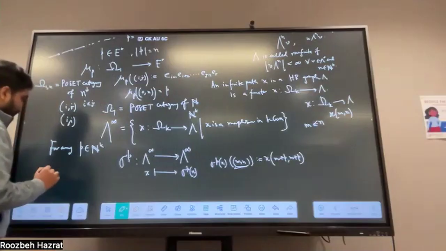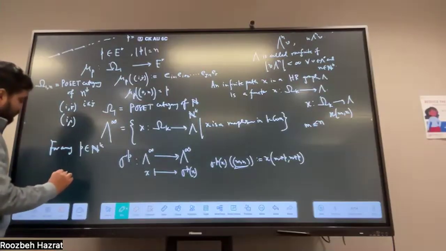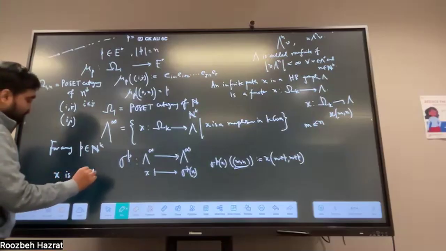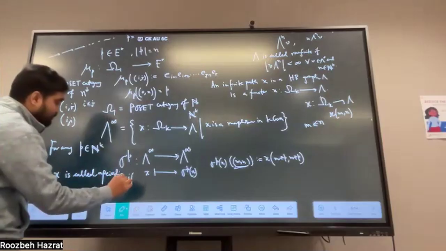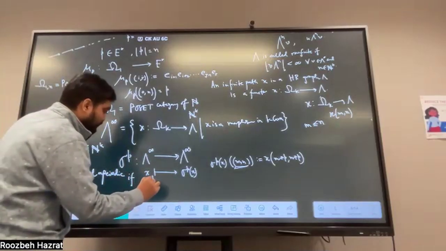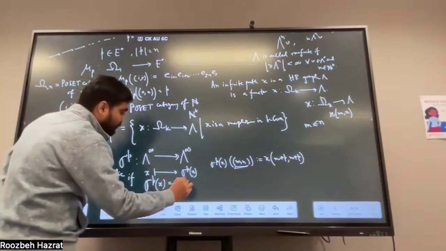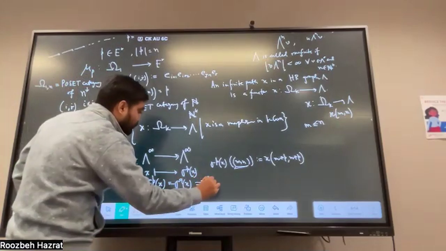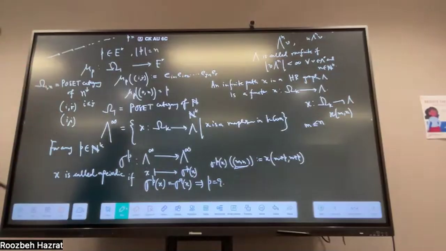And then you can define aperiodic paths. So an infinite path x is called aperiodic if sigma^P x equal to sigma^Q x implies P is Q. No non-trivial shift can give you the same thing, right?